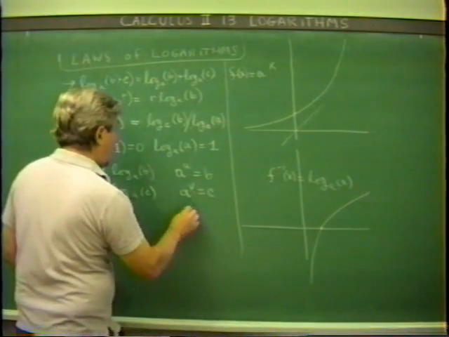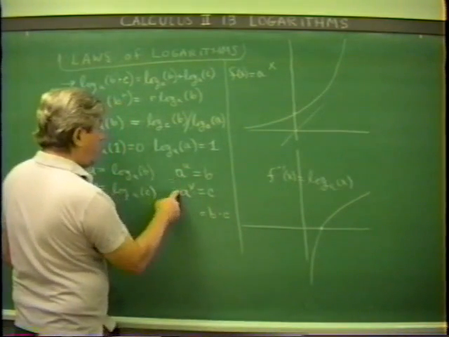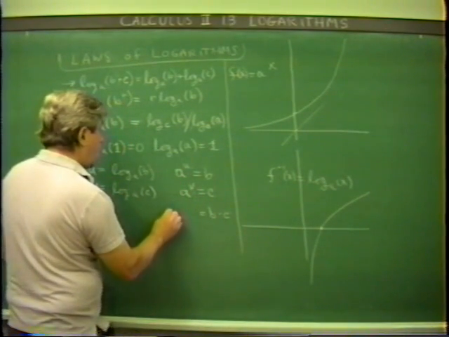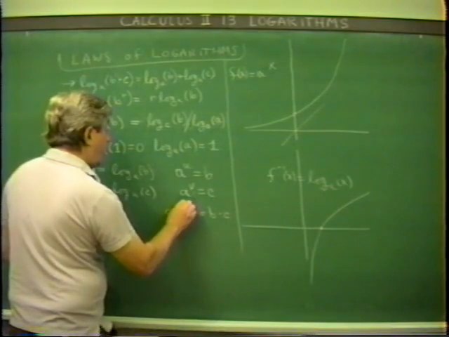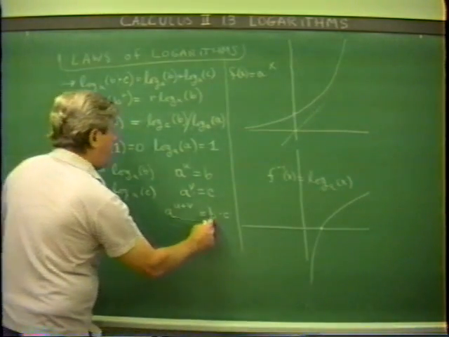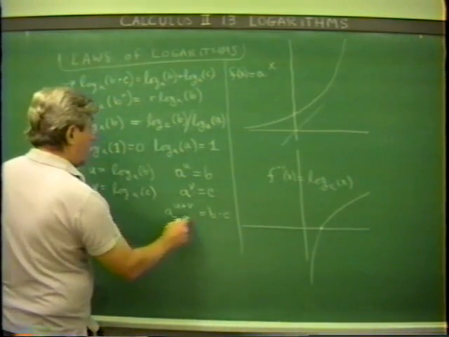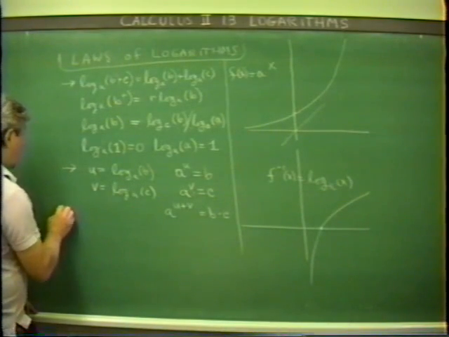So b times c, multiplying these two equations together, is a to the u times a to the v, which is a to the u plus v from the rules for exponents. And this says that the logarithm of b times c is going to be u plus v.